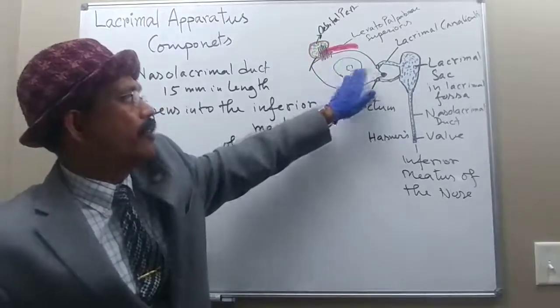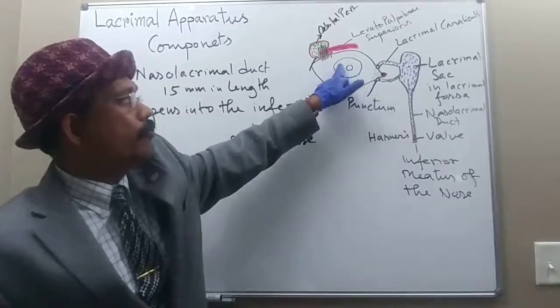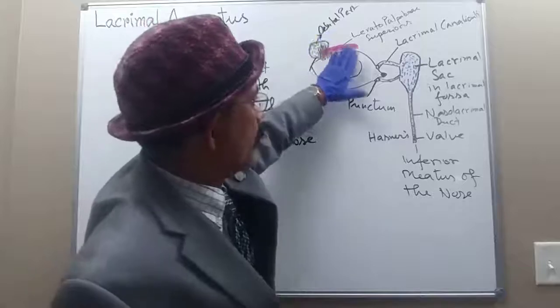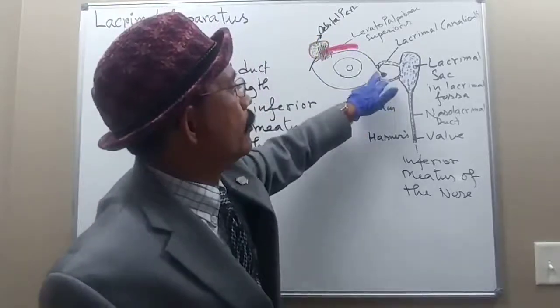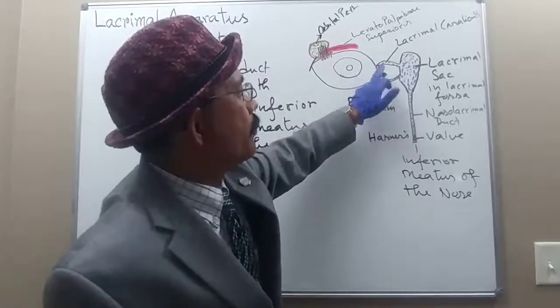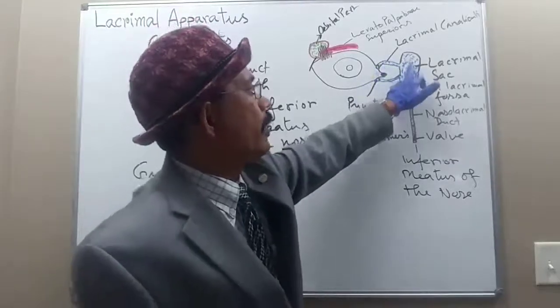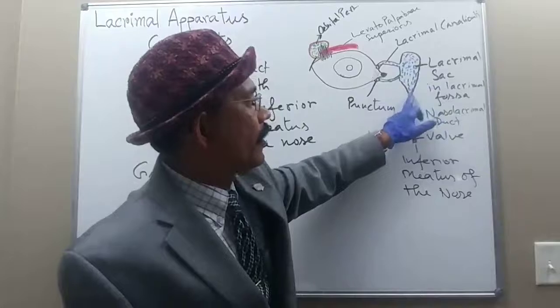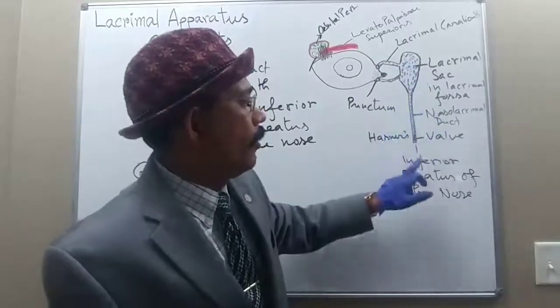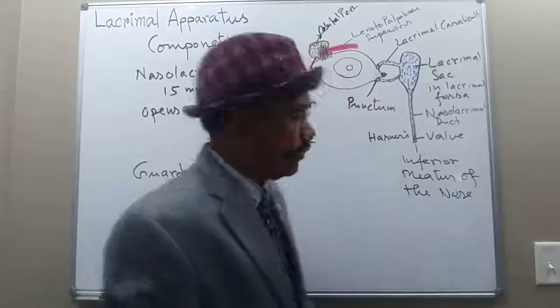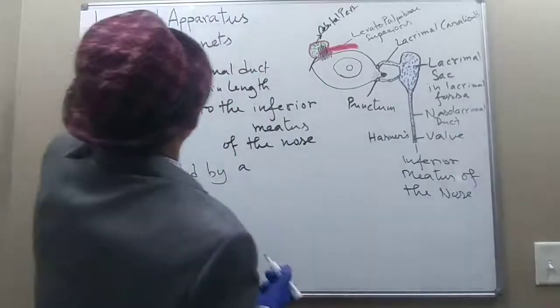It clears this and provides nutrition to the cornea, and it will remove the dust and debris, then goes to here, and from there the fluid goes to the canaliculi, to the lacrimal sac. From the lacrimal sac it goes to the nasolacrimal duct, which opens into the inferior meatus of the nose. Okay, this is the lacrimal apparatus.